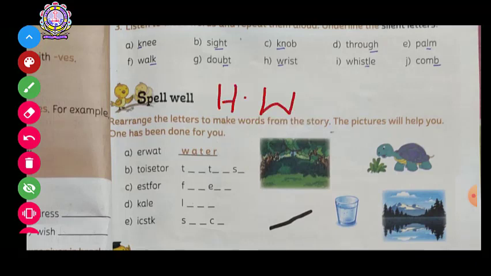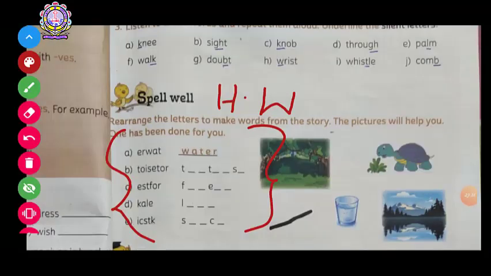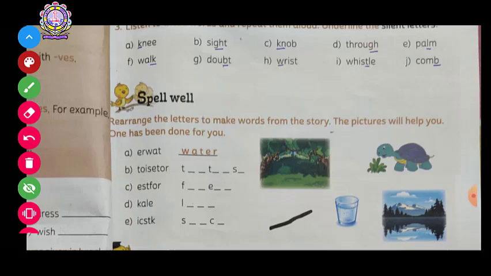If you will not, then when your school reopens, I will not tell you the story. This is the best punishment. I think that's enough, and please take care of yourself. Don't go out, stay at home and stay safe.